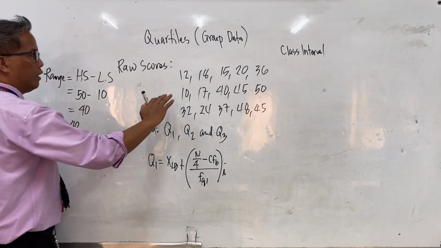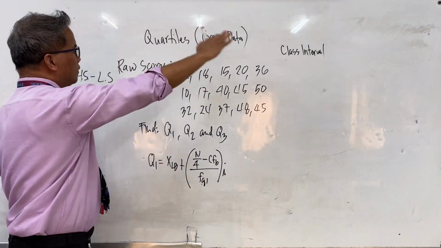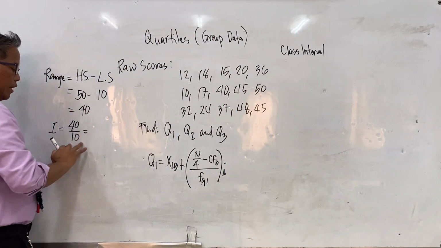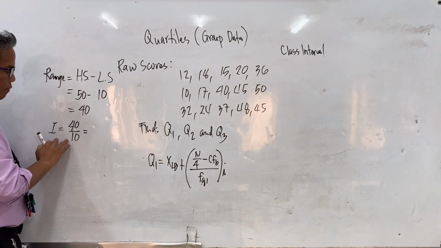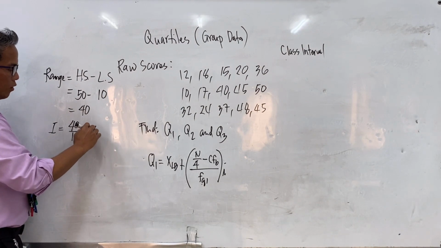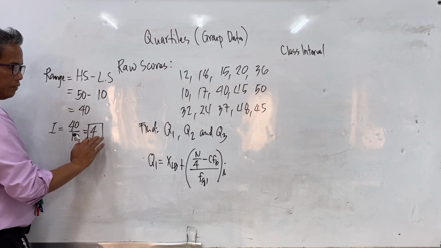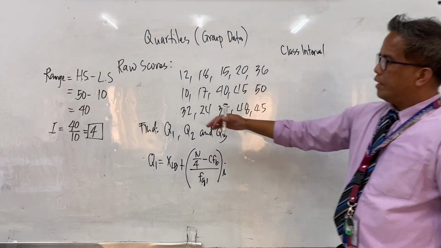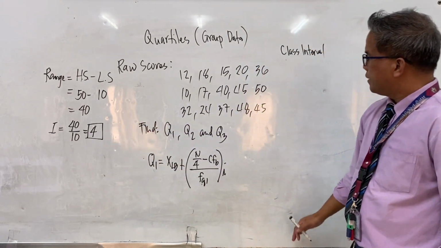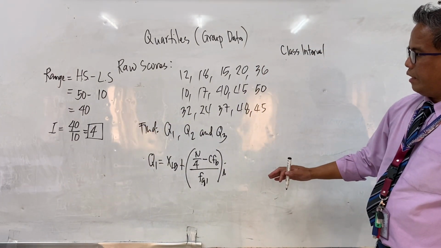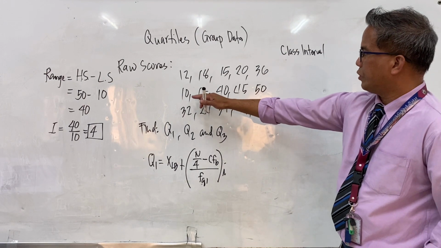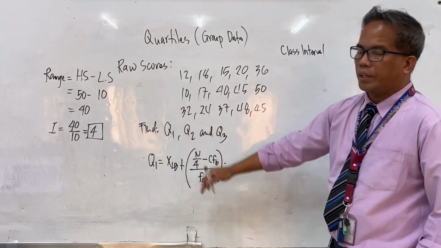Every time I give scores, you are going to use 10 here to find the size of the class interval. So that is equal to 4. So this is now our interval. Then check if it is divisible by the lowest score. Yes or no.